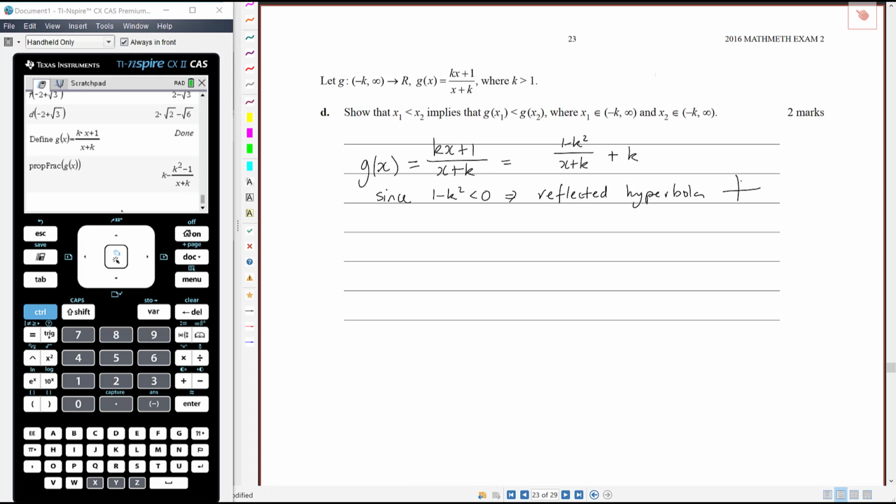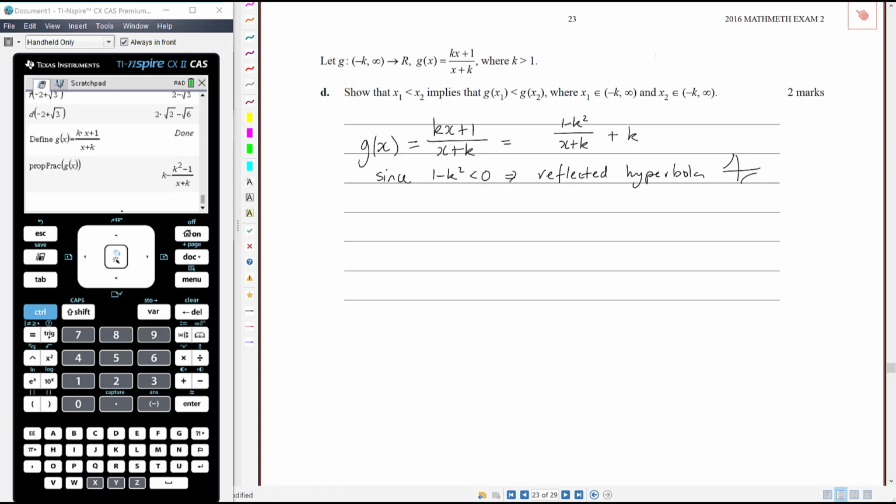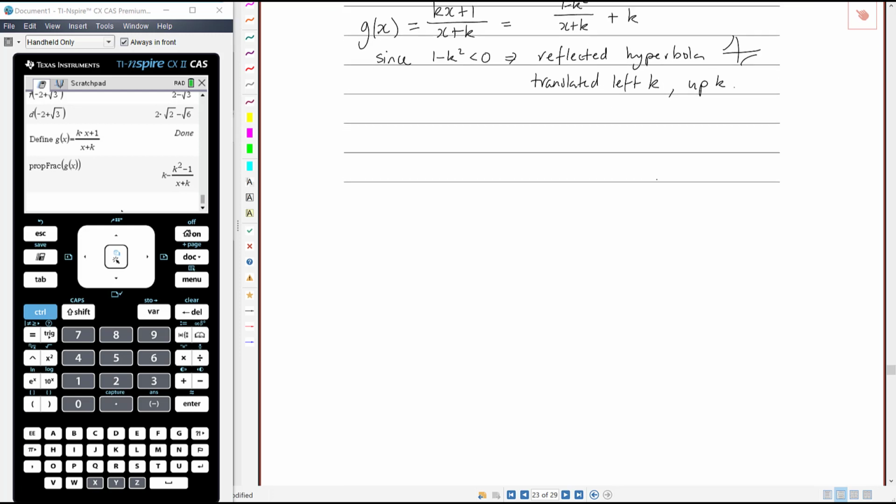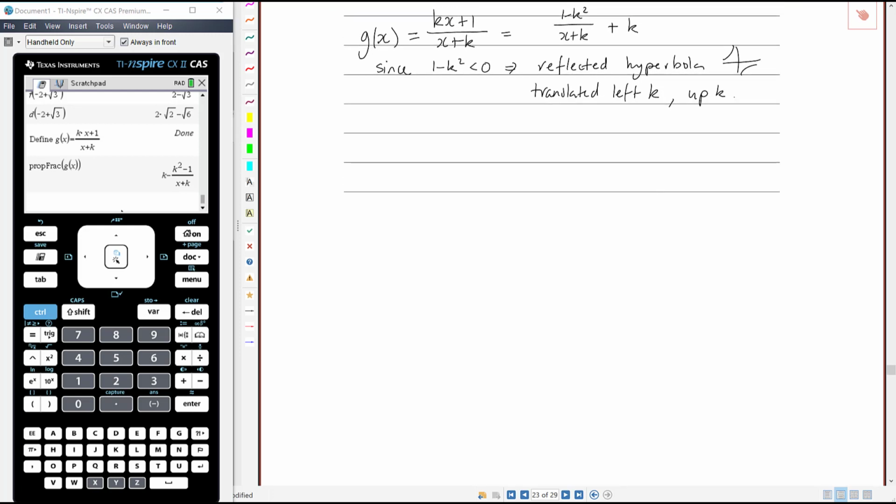So the graph shape is going to go this way. And we know that it is also translated left by k because k has to be bigger than 1. So if you're adding on k, it must be going left because k is a positive number. Left by k and up by k. Okay, so that means that we're going to have a hyperbola left by k and up by k.